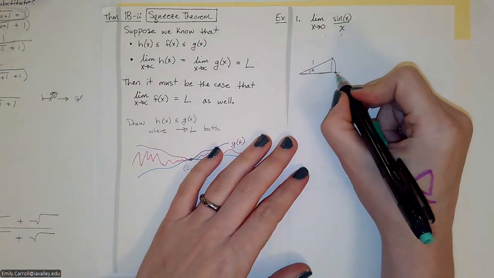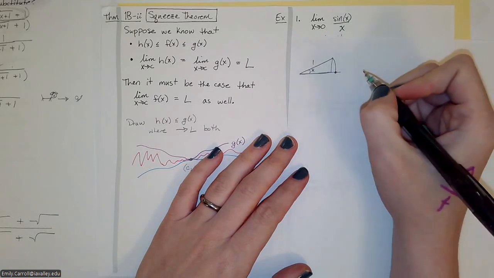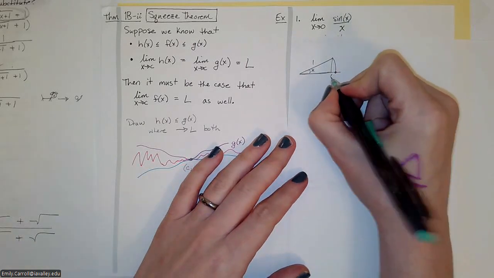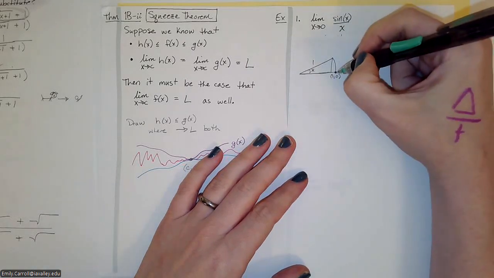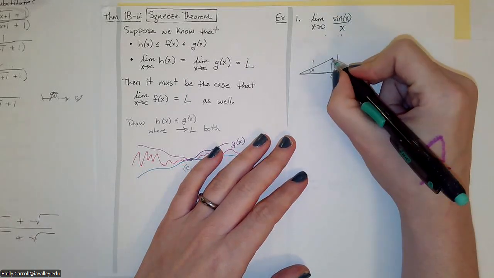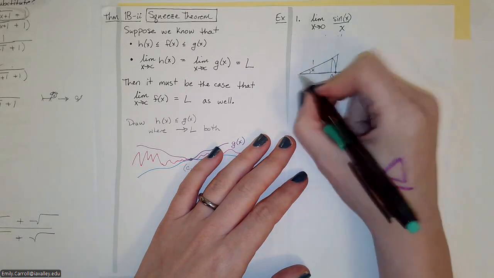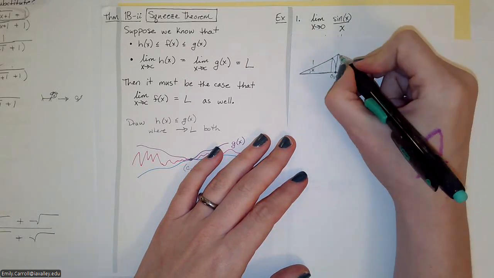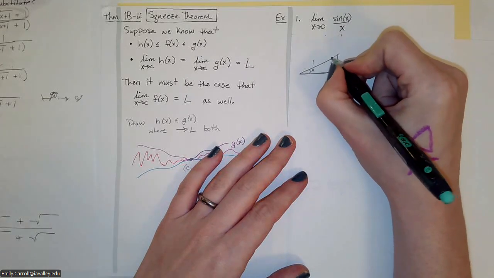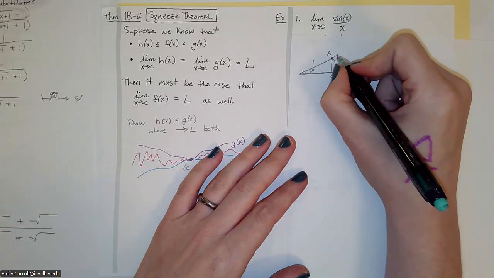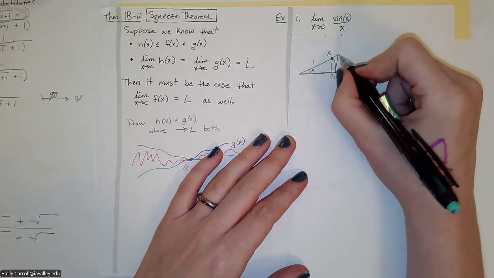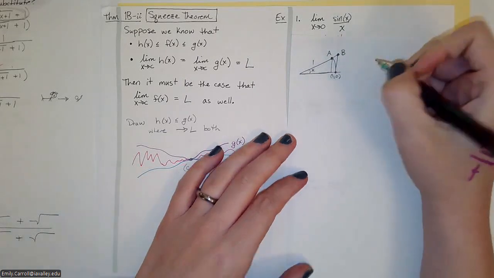Okay, so if this is the unit circle, this here is the point 1, 0. Now let's extend this. So this whole distance here is going to be more than 1. I'm going to call this point A, and this point here is going to be B.